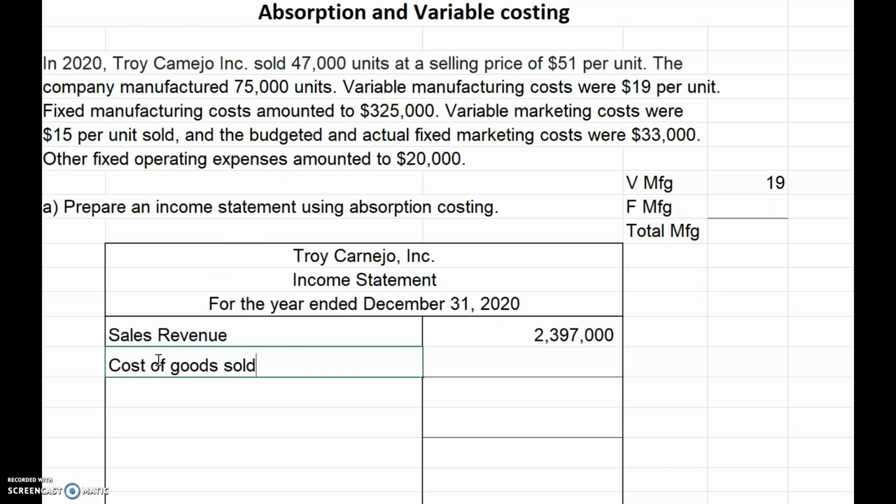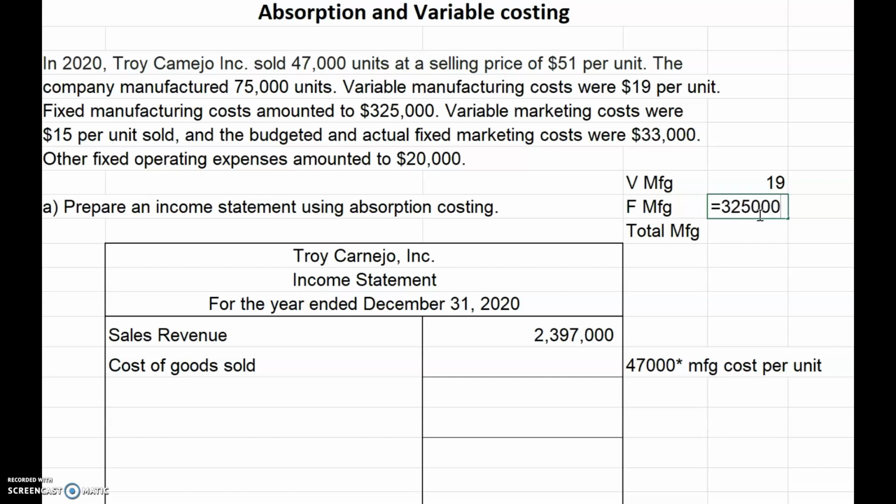After sales revenue, we show cost of goods sold. So we want to take the 47,000 units and multiply it by the manufacturing cost per unit. Well, we're told that the variable manufacturing costs were $19 per unit. Fixed manufacturing costs were $325,000 in total. So we need to determine what our fixed manufacturing costs were per unit.